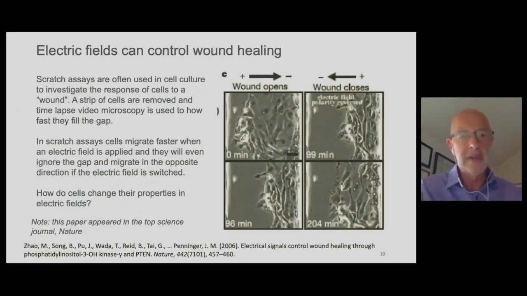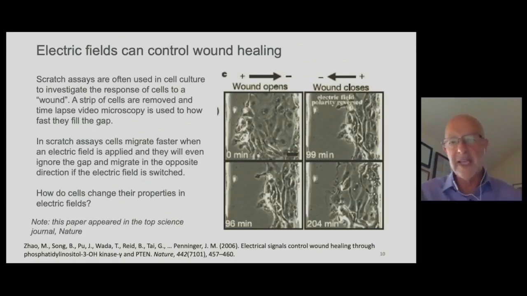And electrical fields can almost take control of wound healing. In scratch assays, which are often used in cell culture to investigate the response of cells to a wound, you remove a strip of cells and then look in time-lapse video microscopy to see how the cells respond to fill the gap.